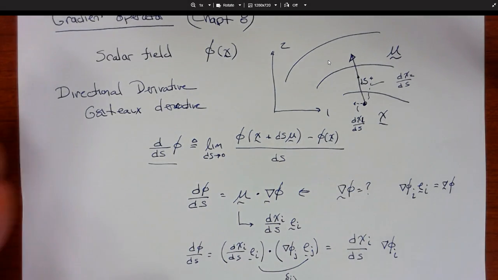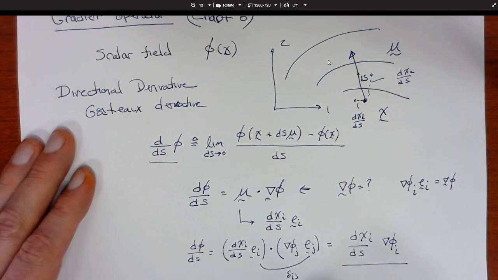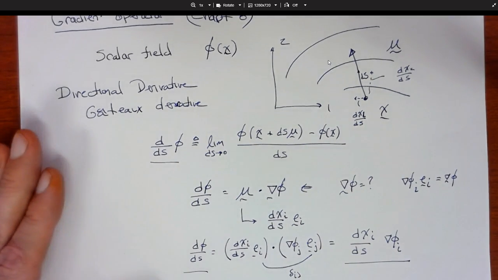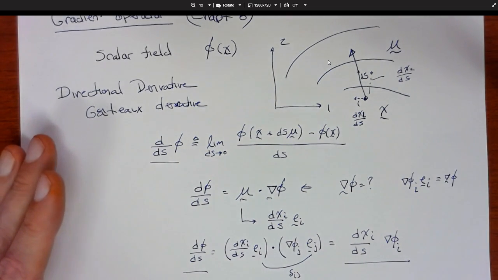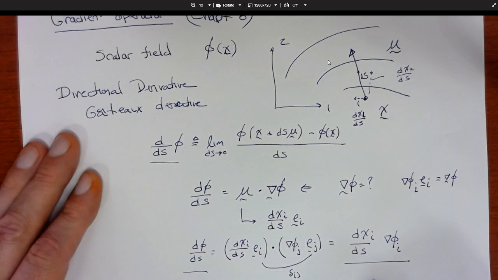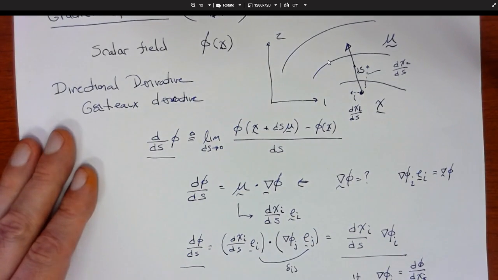Now if you look at this, and you want this to equal this, then clearly the i component of grad phi is equal to d phi dx_i. I'm sorry, that's supposed to be dx_i.